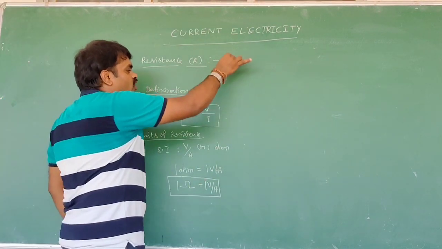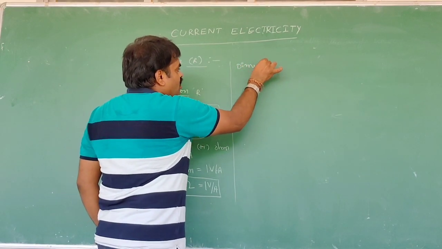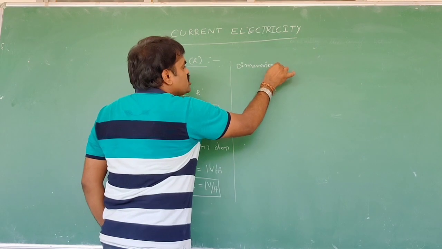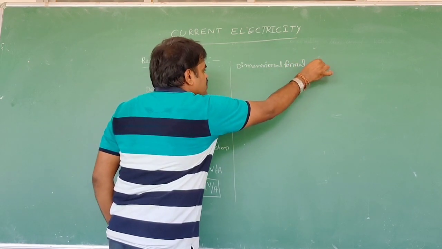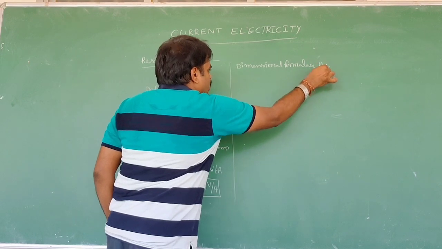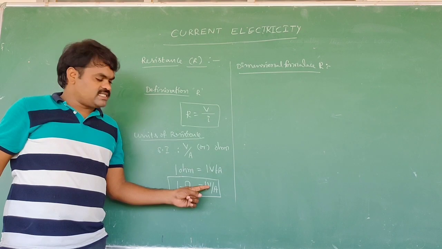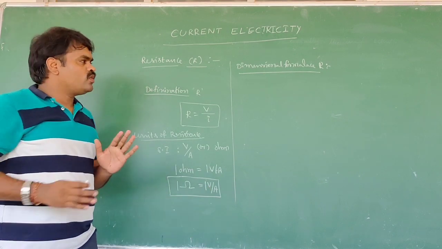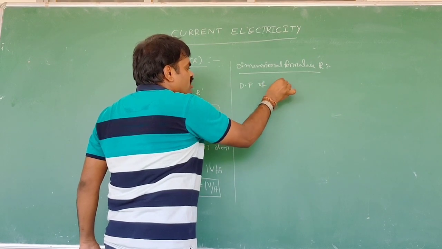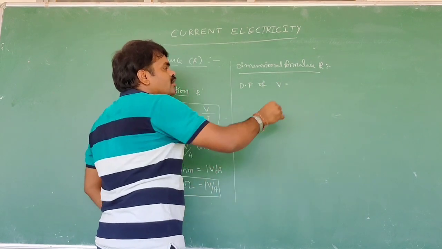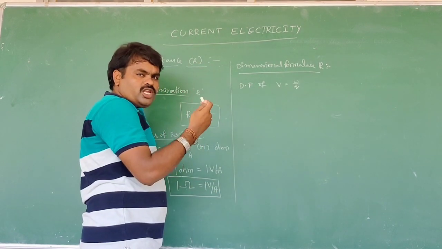Now the dimensional formula of resistance. The dimensional formula of V, potential: potential means the work done per unit charge.